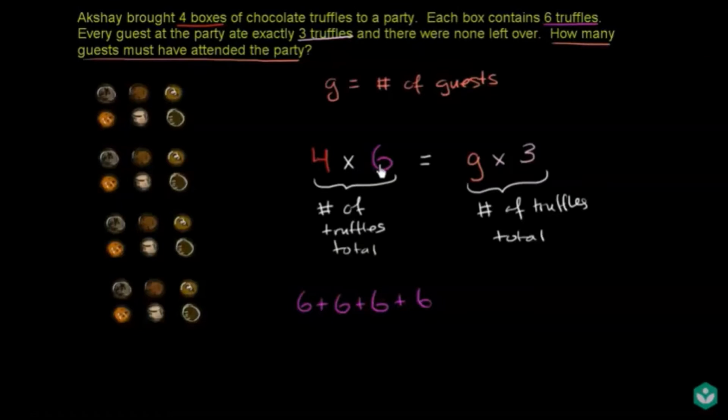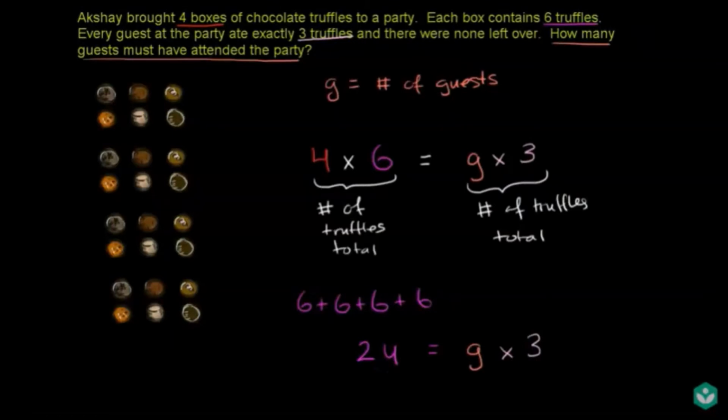So what we have here on the left-hand side is 24. And now we know that this is going to be equal to the number of guests at the party times 3. So what times 3 is equal to 24?